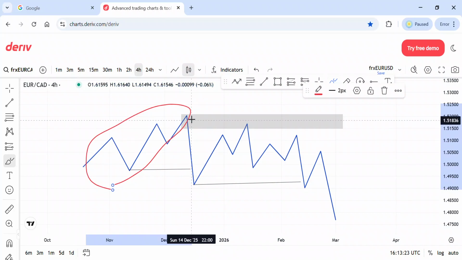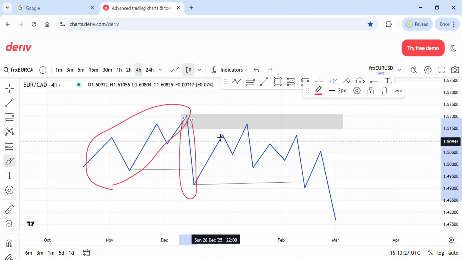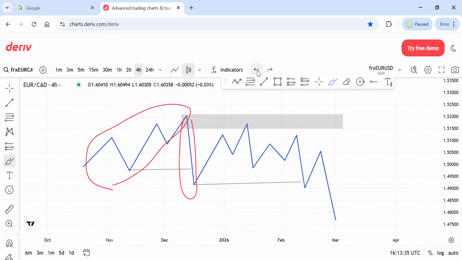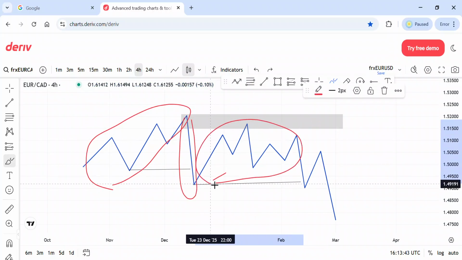Then let's say all these ones here are the 15 minutes time frame. I hope you guys get that.